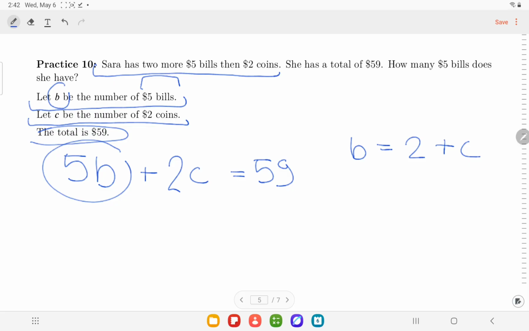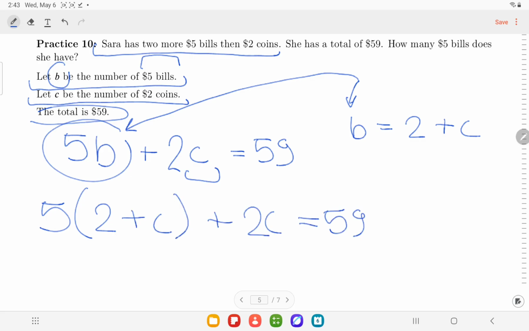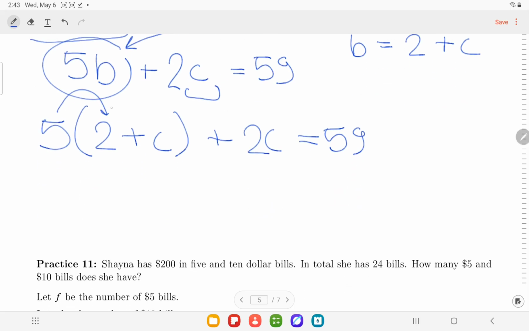So here, because we have 2 variables and we have B isolated already, we can substitute it into this equation so that we can solve for our C. So we can rewrite this as 5 times 2 plus C. And then we can use distributive property. So we end up with 5 times 2, which is 10, plus 5c.